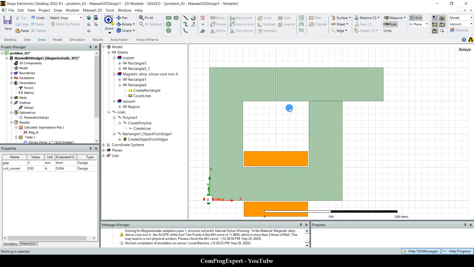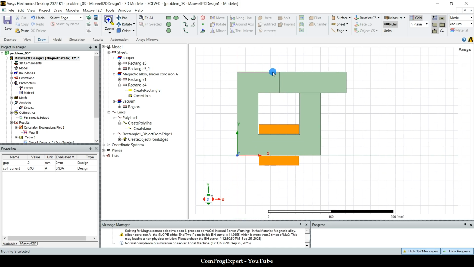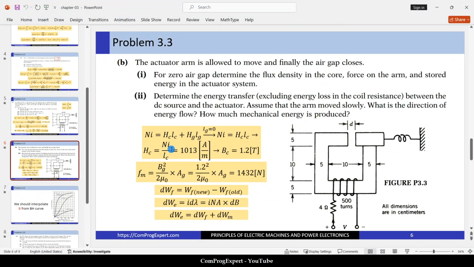Yes, you have to repeat the same calculations in ANSYS Maxwell. Maybe you can change the parameters to learn this important concept, okay, and this important equation.